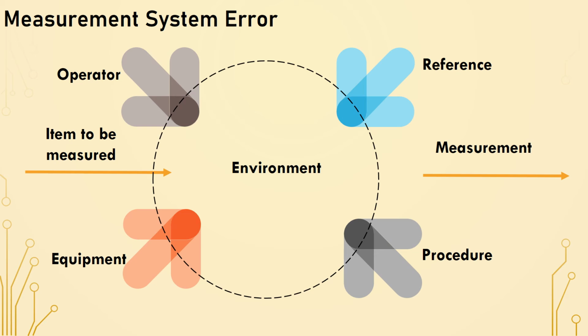All these 5 things affect a measurement. So the item is taken for measurement, and by considering all these factors, the measurement comes out. Any of these may affect the measurement process, which will lead to a wrong measurement coming out of the process. So how do we evaluate this error and how do we eliminate it? Let us study further.